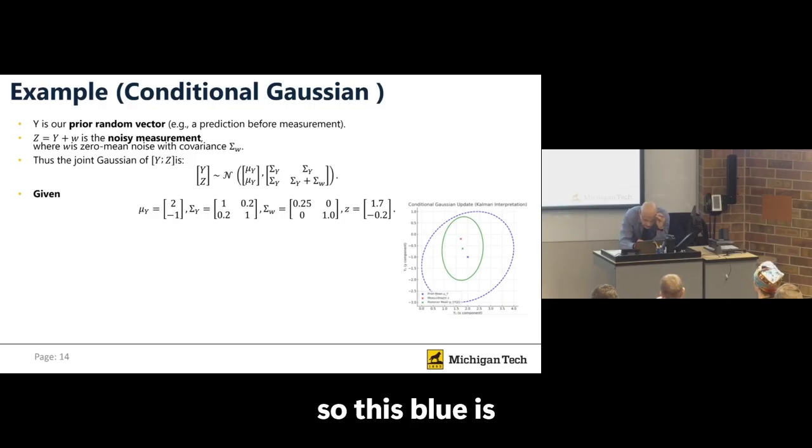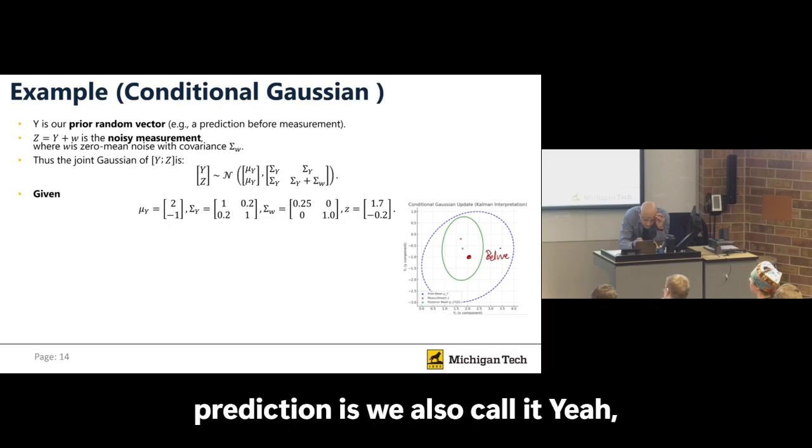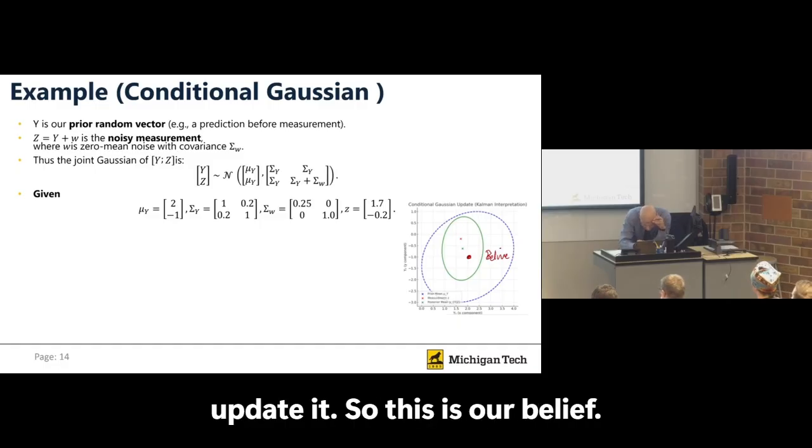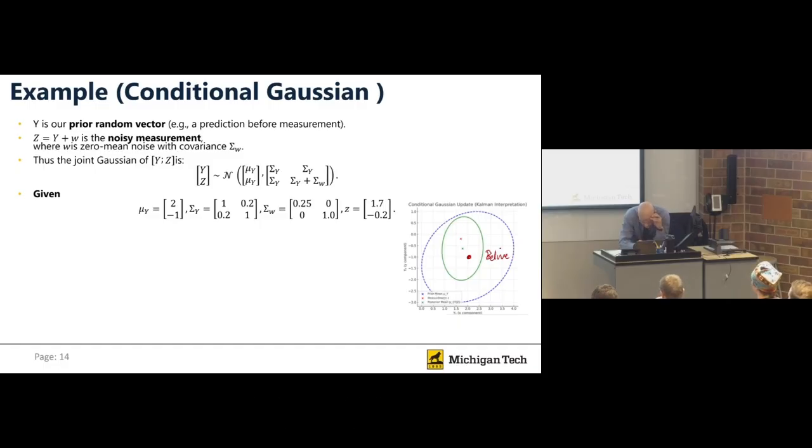This blue is the prior mean, so it means our belief, or actually a prediction. We also call it that: we predict it, and then we update it. So this is our belief, and this is the measurements.